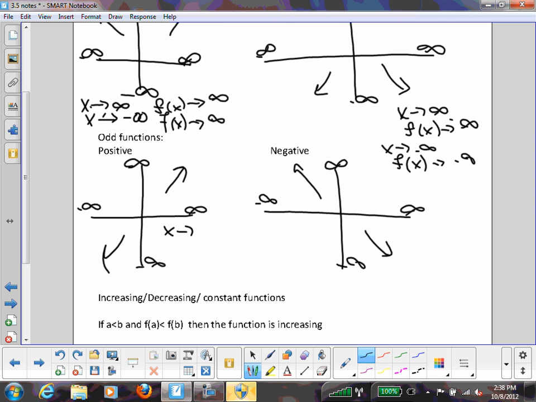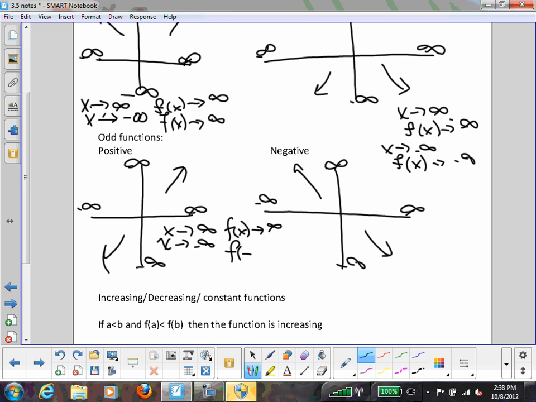If x is going to positive infinity, what is f of x approaching? Because it's going up, right? And if x goes to negative infinity, then my function goes to negative infinity, because I'm going down. If I go left, I got to go down. If I go right, I got to go up.